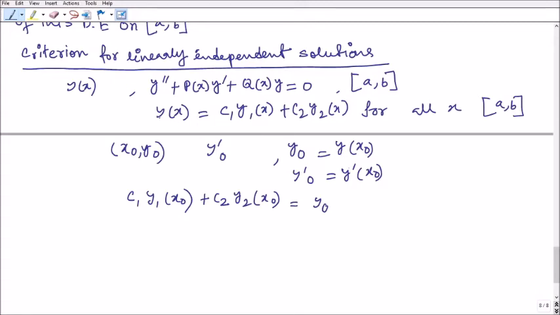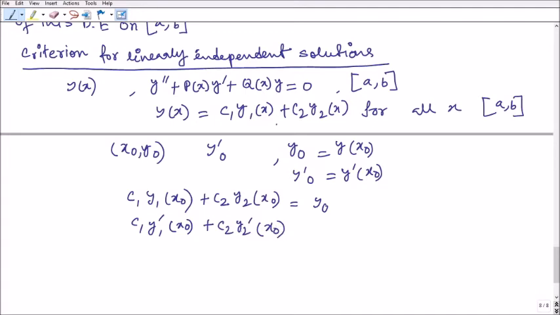So calculating y of x at x equal to x0, which is c1 y1 of x0 plus c2 y2 of x0, that is equal to y0. Similarly, for the derivative, we can write c1 y1 dash of x0 plus c2 y2 dash of x0, supposing the derivative exists.